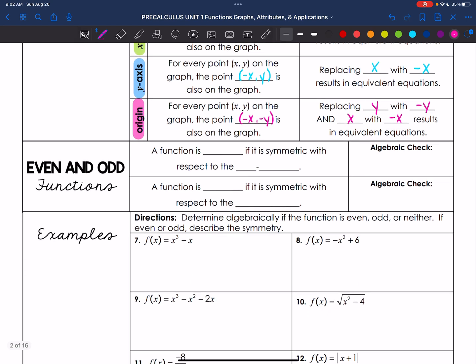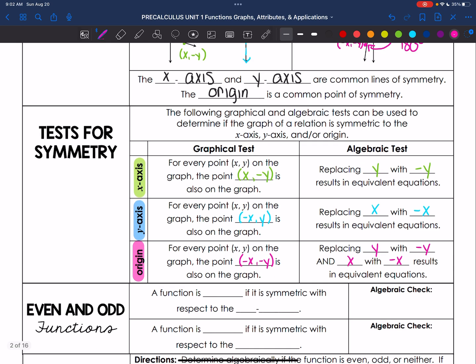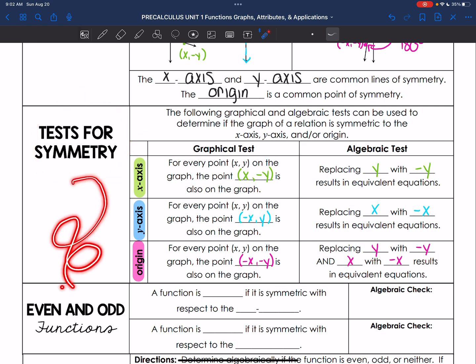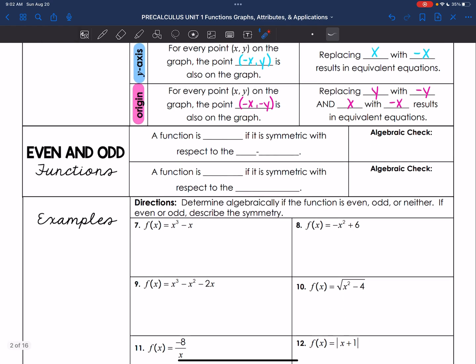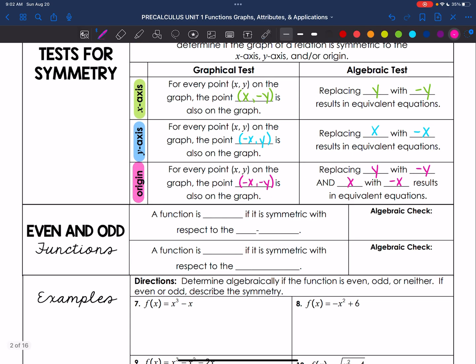But before we move on, let me talk about the idea of an even or an odd function. It comes from looking at the types of symmetry. So from the types of symmetry, we can know if we have even or odd functions. A function is said to be even if it is symmetric with respect to the y-axis. So that's our blue example up here.